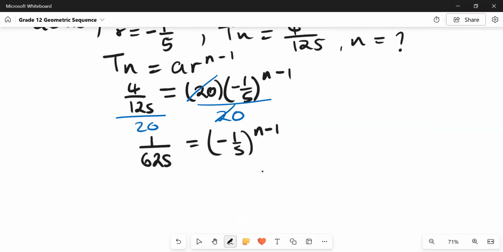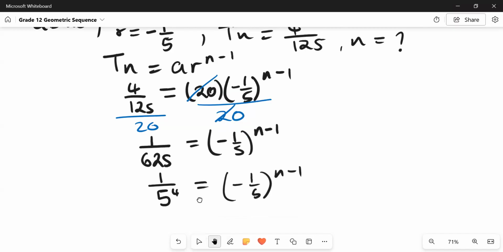So, this can be expressed as, okay, by looking at this, I can see the direction. This is expressed as 1 over 5. Which means I must fight for getting the bases to be the same and drop down the exponents. What do I mean by that? I have to express this as 5 as well. So this is minus 1 over 5 to the power n minus 1.